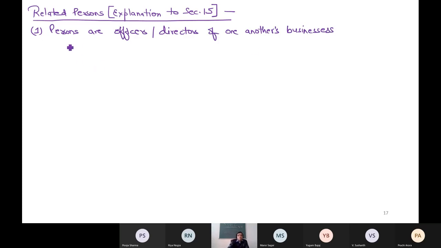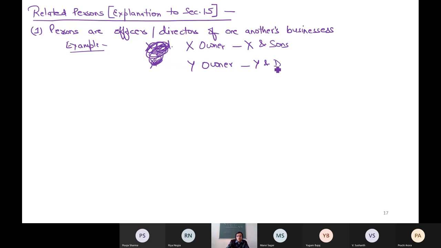Now, for example, let us assume X is the owner of a sole proprietorship and Y is the owner. The name of their shop is X and Sons, Y and Daughters.